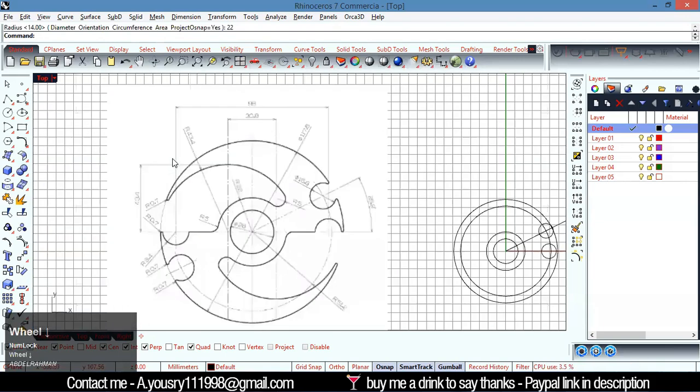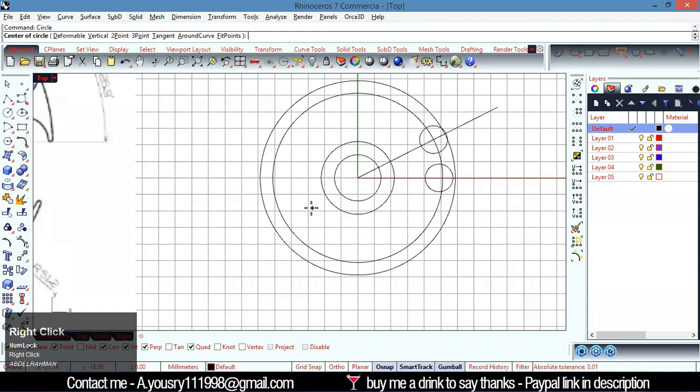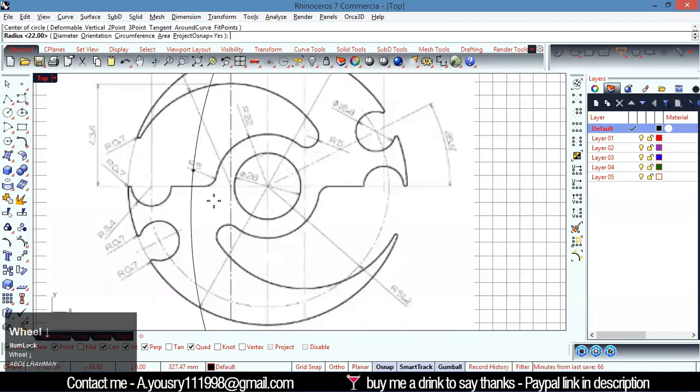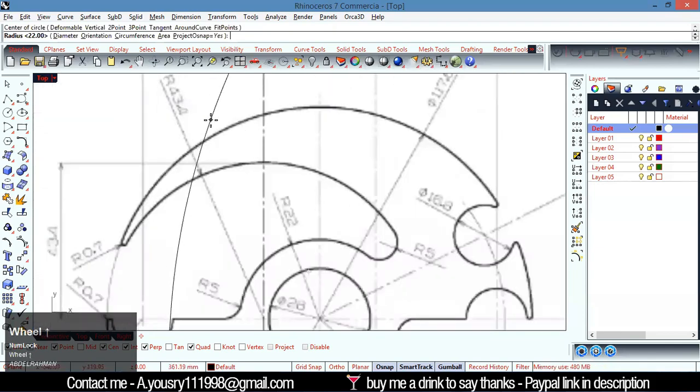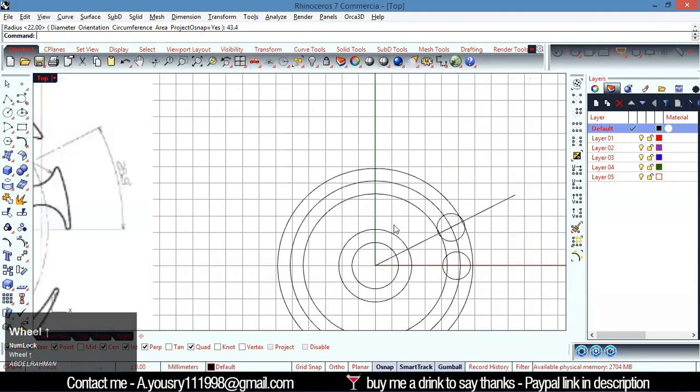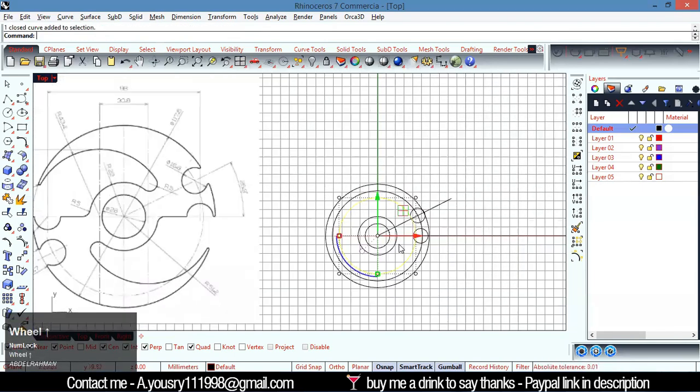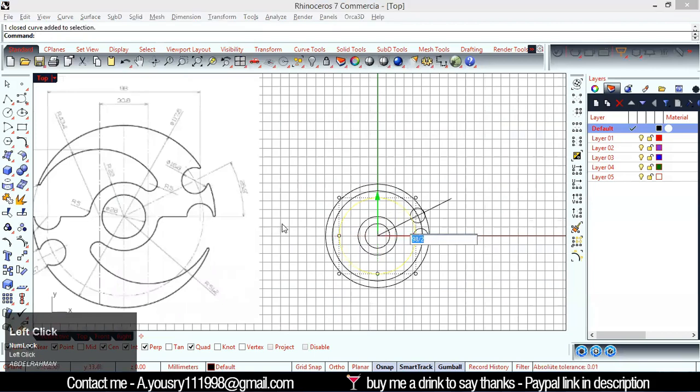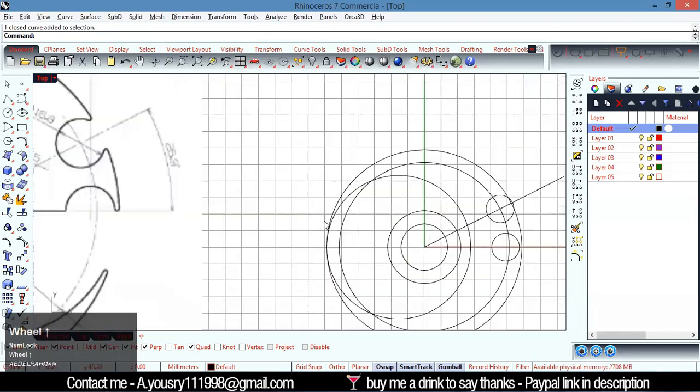So I'm going to make a 43.4 circle. Its radius is 43.4. Okay. That one, and then we're going to move it to the left side, negative 30.8 divided by 2. Like that.